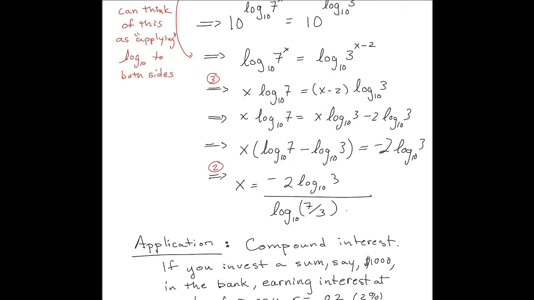My goal is to get x by itself on one side. I see that this is linear. You should think of these as some numbers that you're writing down in some weird way, but they're just numbers. And then you divide both sides by that expression multiplying x.